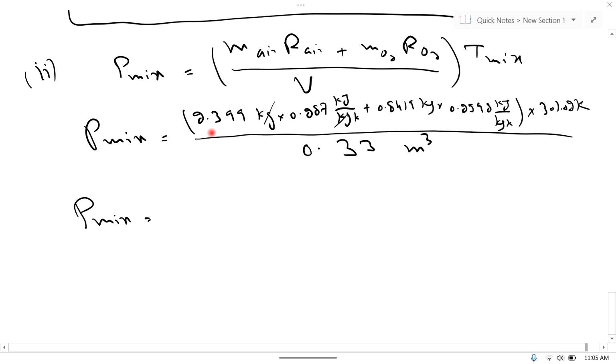So this 2.399 multiplied by these two values will be equal to 0.6885 kilojoule per Kelvin, and joule is equal to Newton meter, so kilonewton meter per Kelvin, plus 0.8419 multiplied by 0.2598 is equal to 0.2187, and kilogram will be cancelled with kilogram.